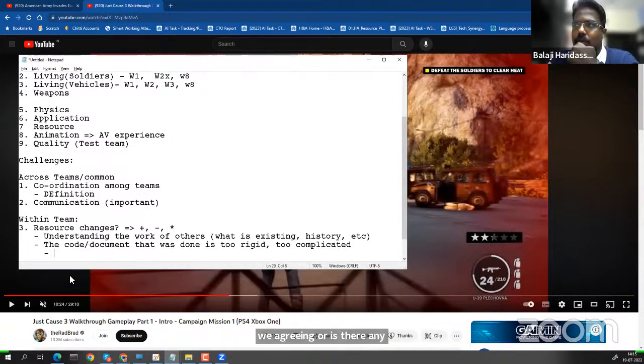Now, assume the person understood the idea of the code, but when the person is going through the code, he's finding it very difficult. Why do you think he's finding it very difficult? Okay, there is some code.